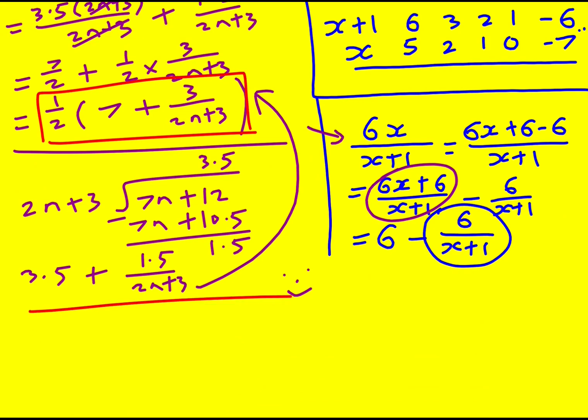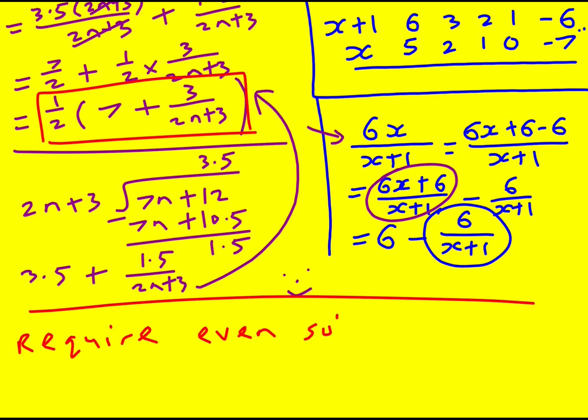So basically I've got this half in there. So I require not just the integer solutions, but the even solutions to 7 plus 3 over 2n plus 3. Because if that was odd, then I'd be dividing an odd number by 2.